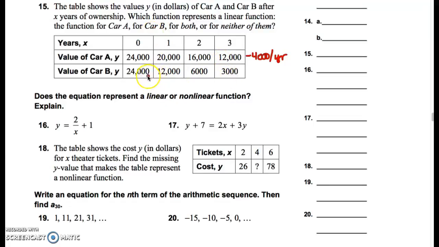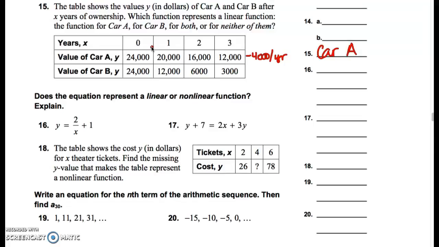I know that my pattern is actually dividing by 2 every time, but if you think about the value of the car, the value is not decreasing by the same amount every year. Okay, so this car B would be nonlinear, car A would be linear. So it's asking you which one represents a linear function, and that is going to be car A, because it has a constant pattern. It's going down $4,000 every single year.